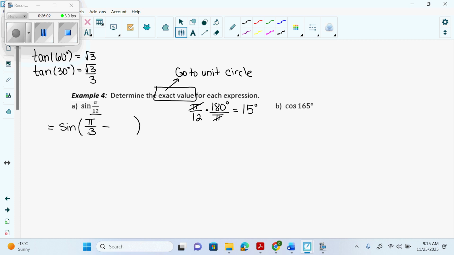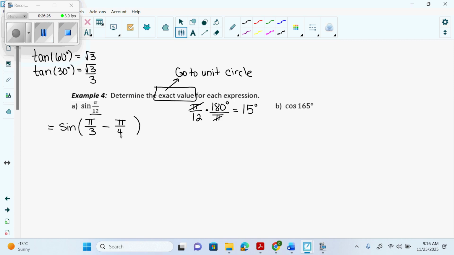All 60-degree reference angles are over 3. All 30s are over 6. So pi over 3 minus pi over 4. Could I go pi over 4 minus pi over 3? 45 minus 60? What would that get me? Negative 15. Did I want negative 15? No, I wanted positive. So I have to go 60 minus 45.